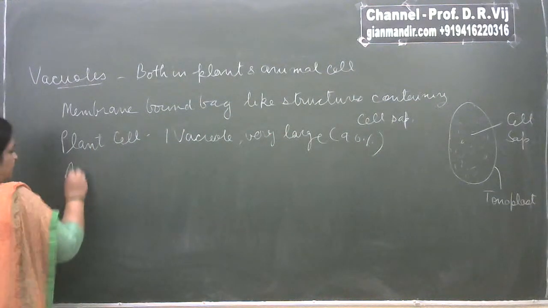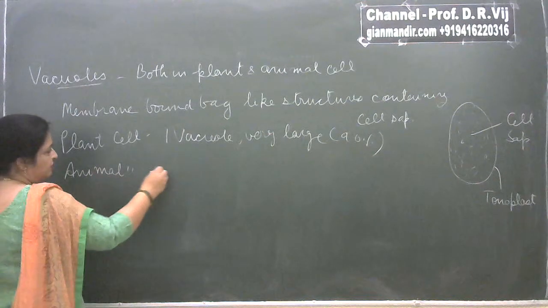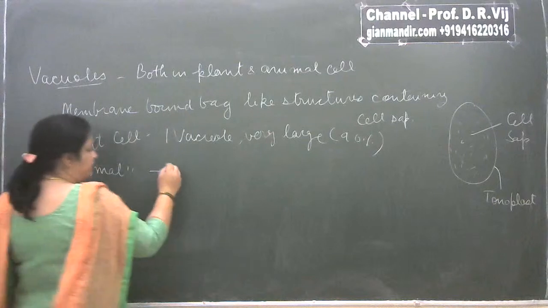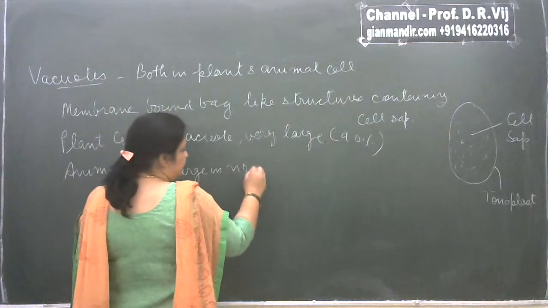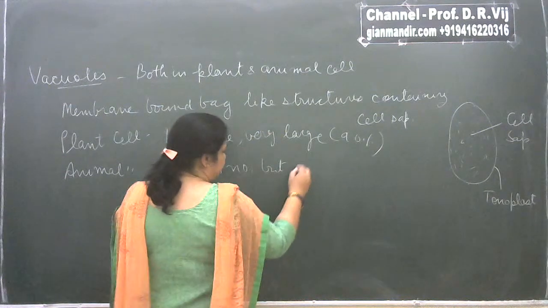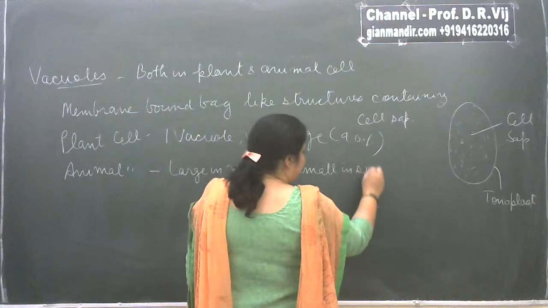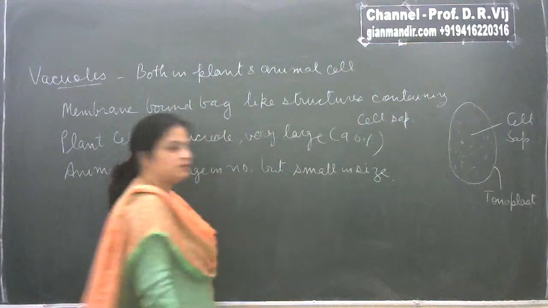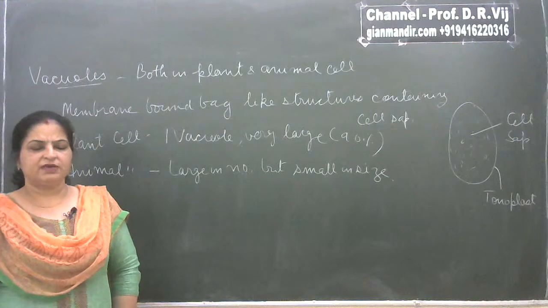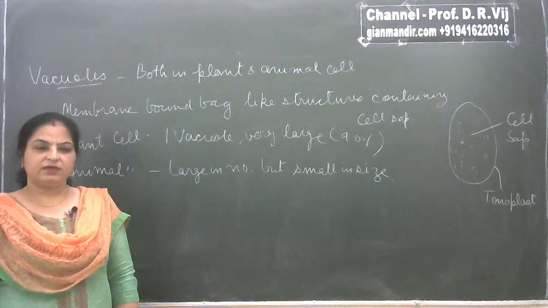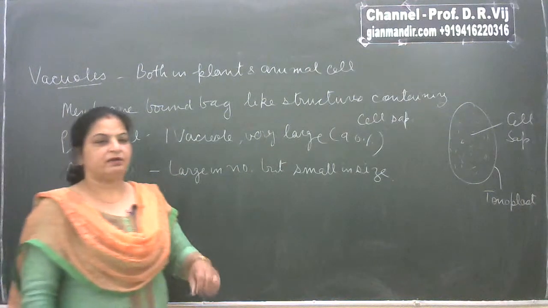And in animal cells, either the vacuoles are absent, or if they are present, they are large in number but small in size. So the animal cell may contain 2 to 3 vacuoles, but these vacuoles are quite small. That's why the nucleus of the animal cell is in the center.